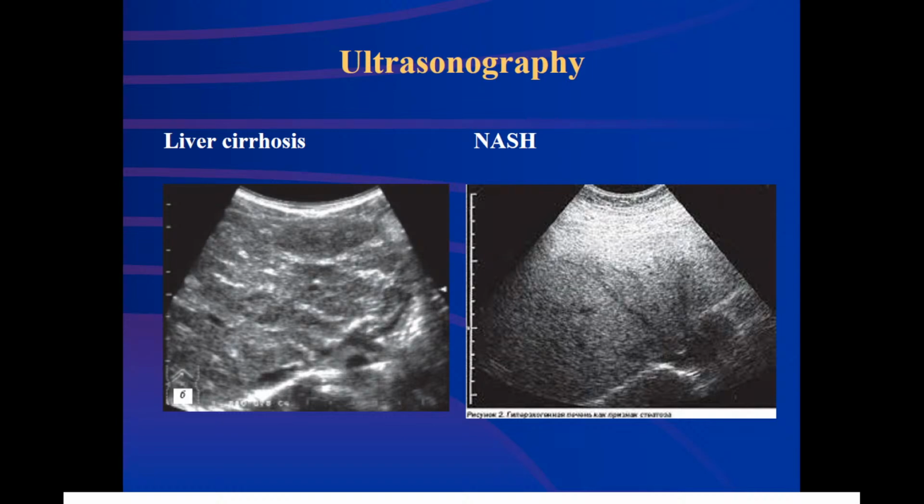Liver cirrhosis also shows enlargement of the diameter of the portal vein and other signs of portal hypertension.